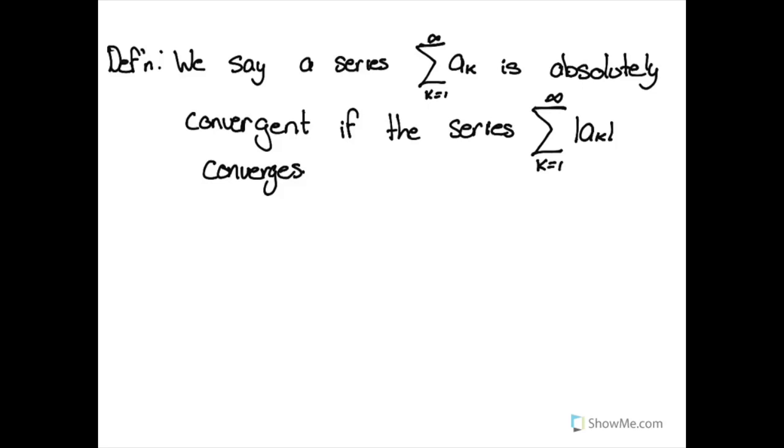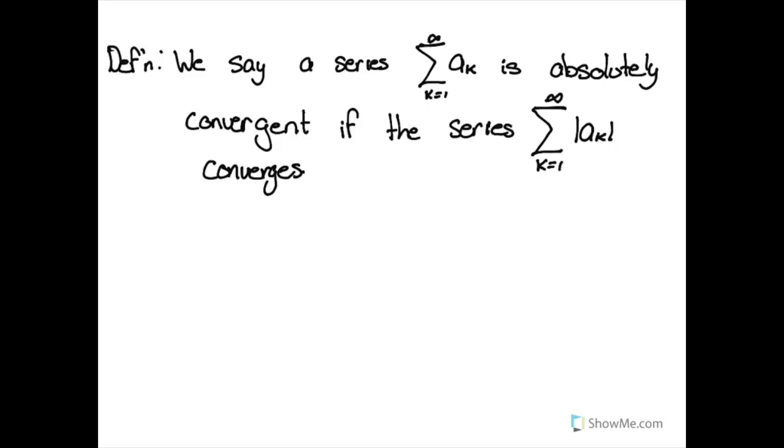Alright, so the series a_k is absolutely convergent if the series absolute a_k converges. One thing to note is the property of being absolutely convergent is a property of the original series a_k, and it depends on whether the series absolute a_k converges or not.